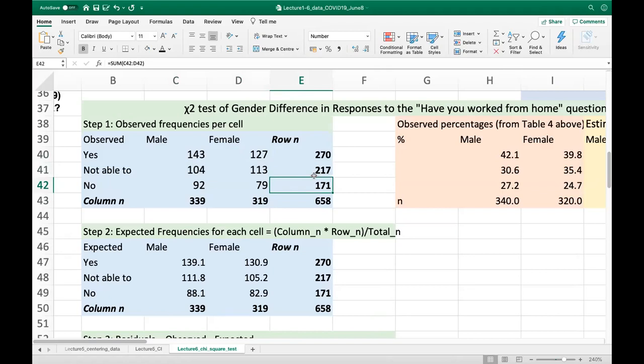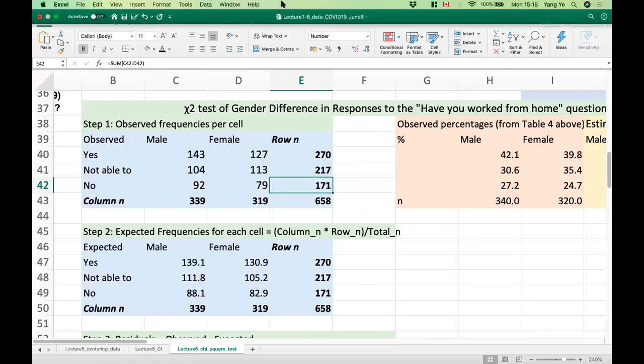So that's a guess. By the look of the data, it seems to be going in that direction. But what we are really interested in is whether this is beyond random, whether it is extreme enough to say that there is actually a relationship between gender and responses to the working from home question, or not.